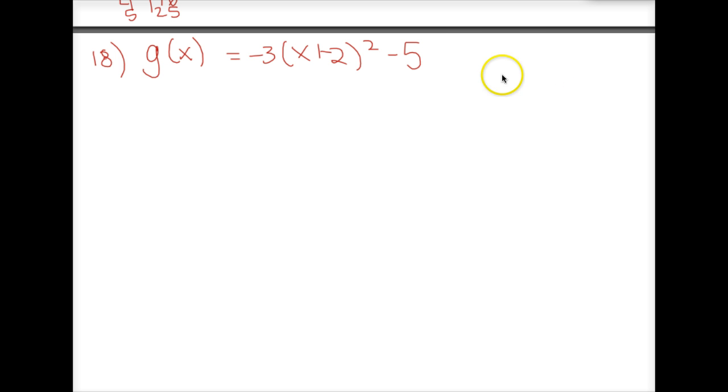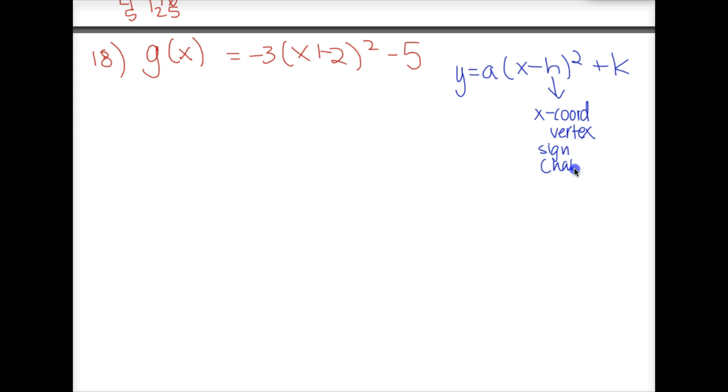So again, when we are looking at this, you need to know what things control. So this is the x-coordinate of the vertex. Remember that the sign changes. This is the y-coordinate. The sign stays the same as whatever that is. A controls 2 different things.